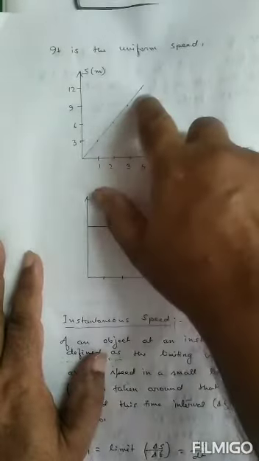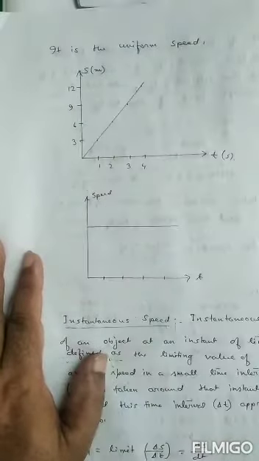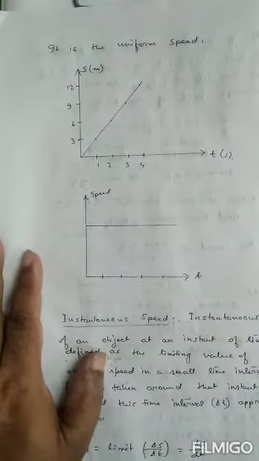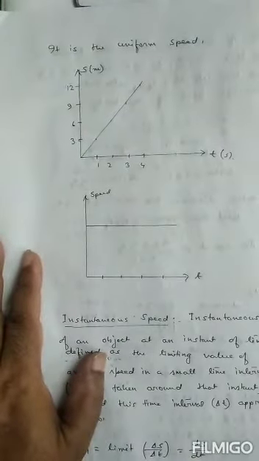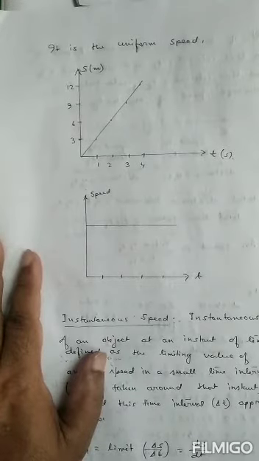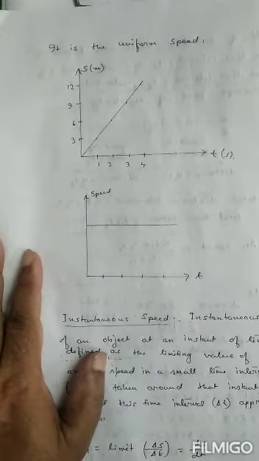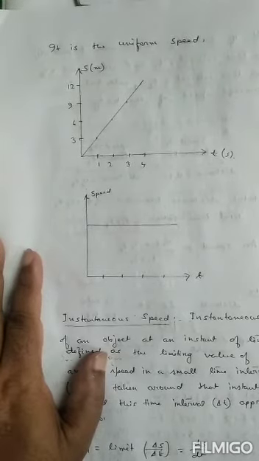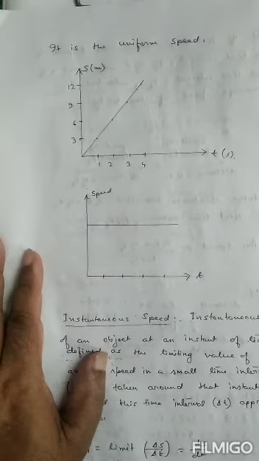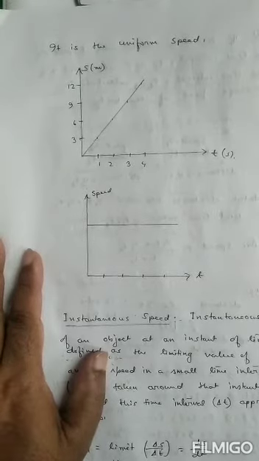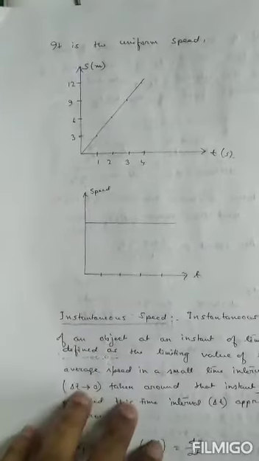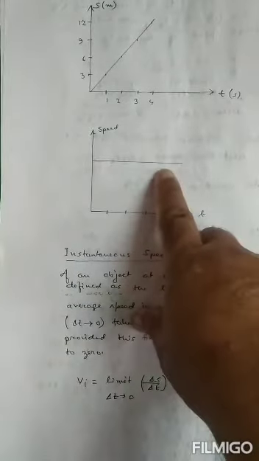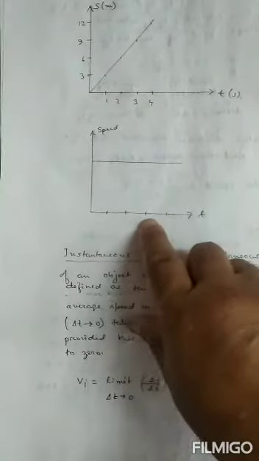So if I put these coordinates and join it, it will be a straight line inclined to time axis. That means if a body moves with uniform speed, the position time graph is a straight line making certain angle with time axis. But what is speed time graph?